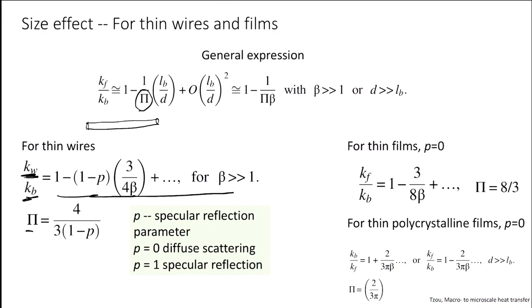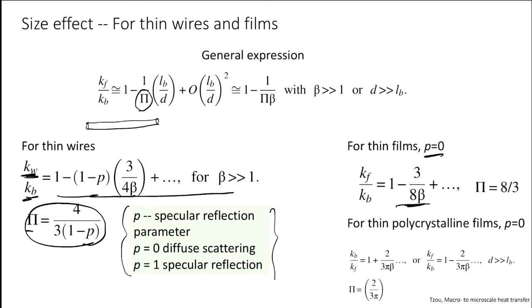So the pi would become 4 by 3, 1 minus p, just rearranging the terms. And we are still not considering this specular reflection and diffuse reflection. I would explain later on what it means. And if we take thin films, then it's roughly this factor. So there are different models you could talk about, but essentially the point is as you decrease the size, the thermal conductivity would also decrease.